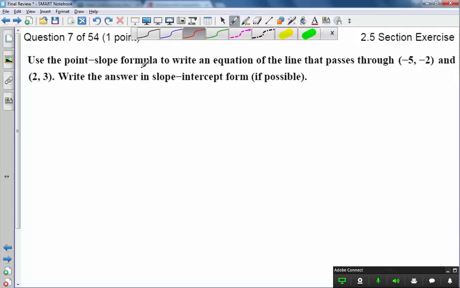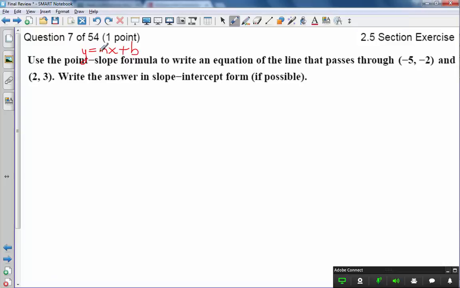That's what they want. Alright, you want this? Then I need to know slope and intercept. What are you giving me? 2 points, and that's it. I don't have the y-intercept, they only gave me 2 points.